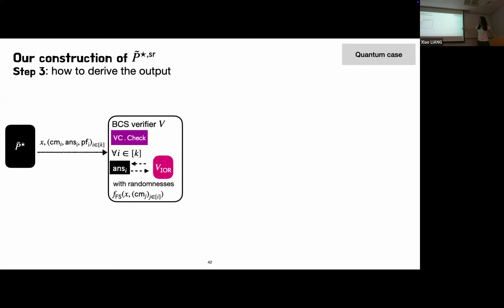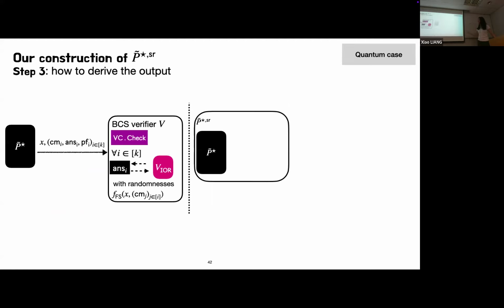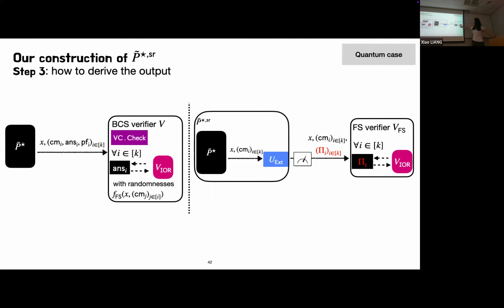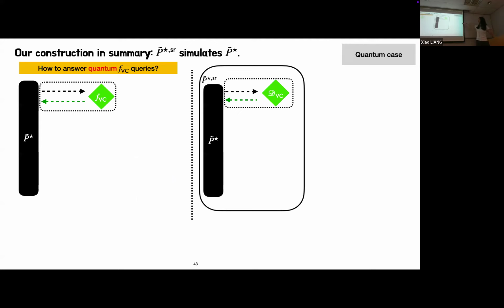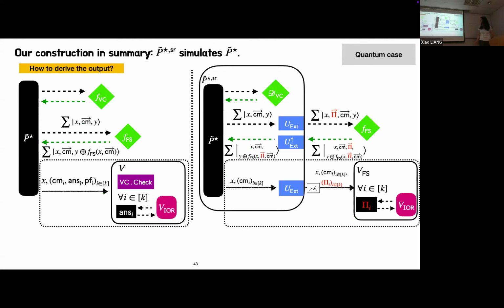Finally, how we derive output is very similar to what I explained before: we use the extracted outputs to answer the IOR verifier's queries. Now, here's the summary. This is how we answer quantum VC queries, quantum FS queries, and finally how to compute the outputs. It's a very similar picture as before, and we notice the difference.